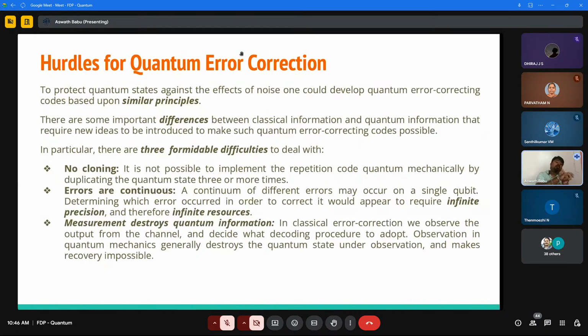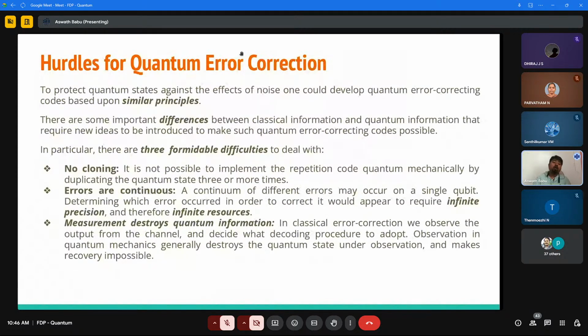I'll go there and try to correct that. Again, errors keep happening continuously. At one point you are correcting, at another point an error comes. So an infinite number of errors are possible, and you need serious precision in doing error correction. So that is one more problem in quantum computing.